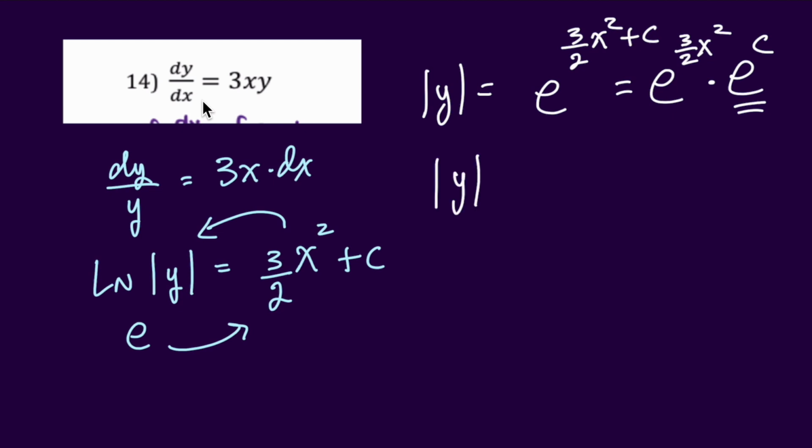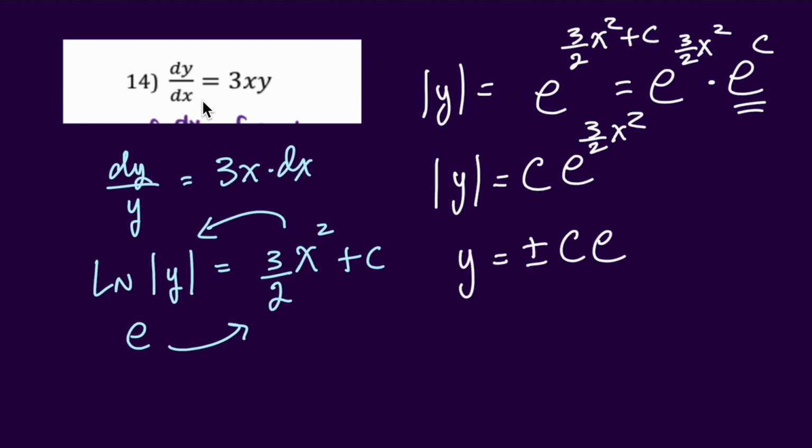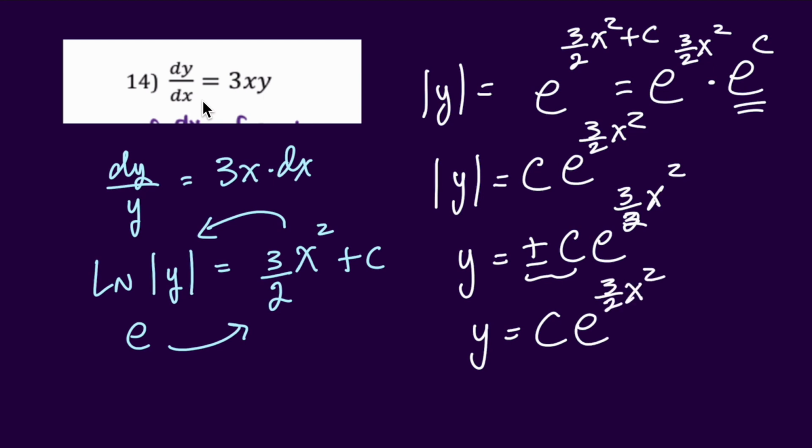So now we have the absolute value of y equals c times e to the 3/2 x squared. Now to remove that absolute value sign, we could change this to plus or minus c times e to the 3/2 x squared, and then this plus or minus c can be changed to a fresh constant, and this is our final answer.